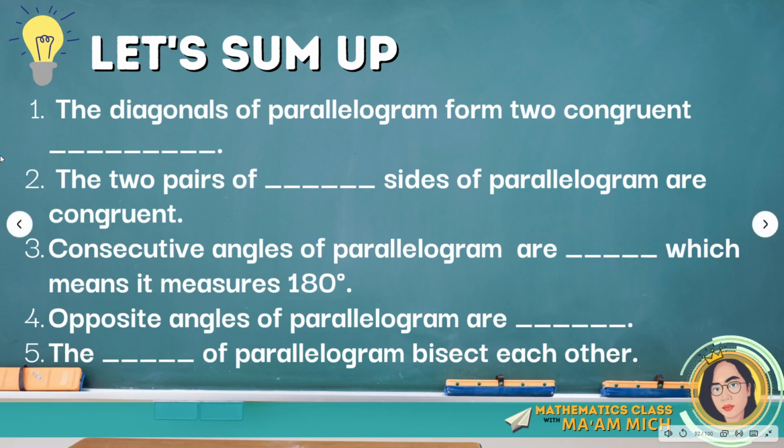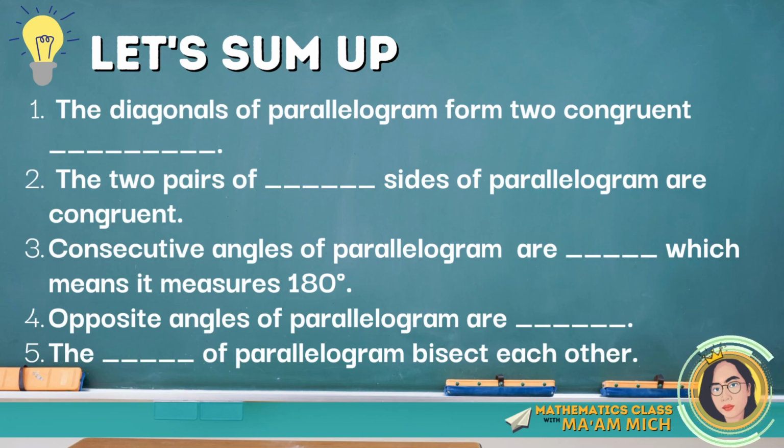Number 1. The diagonals of parallelogram form two congruent blanks. Number 2. The two pairs of blank sides of parallelogram are congruent. Number 3. Consecutive angles of parallelogram are blank, which means it measures 180 degrees.